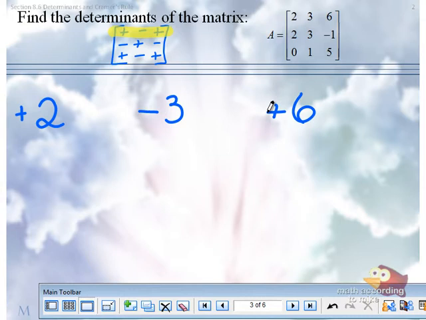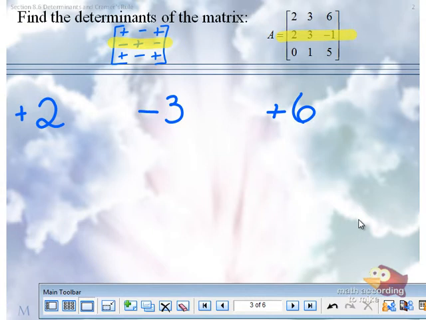So put your coefficients and then put those signs in front of your coefficients. If, for instance, you had picked the second row instead of the first row, then you would have said minus 2 plus 3 minus negative 1.